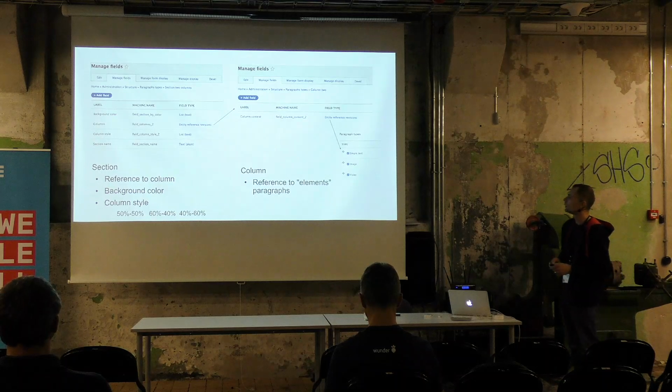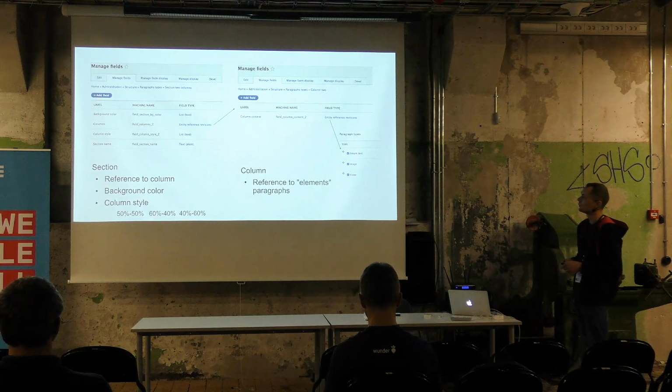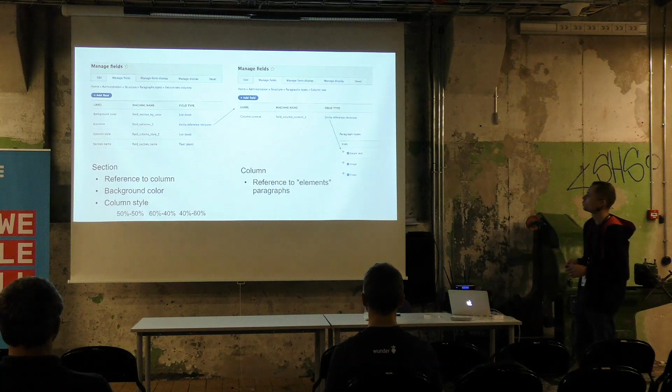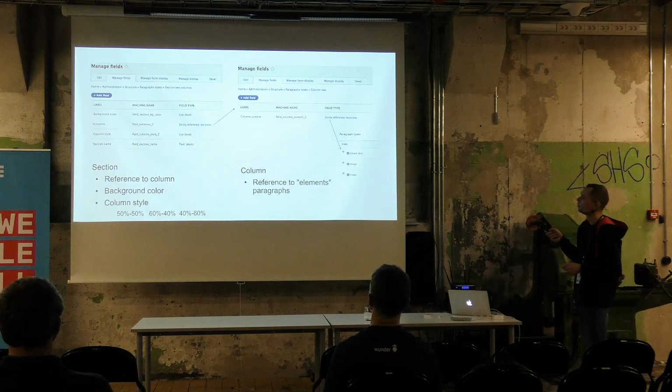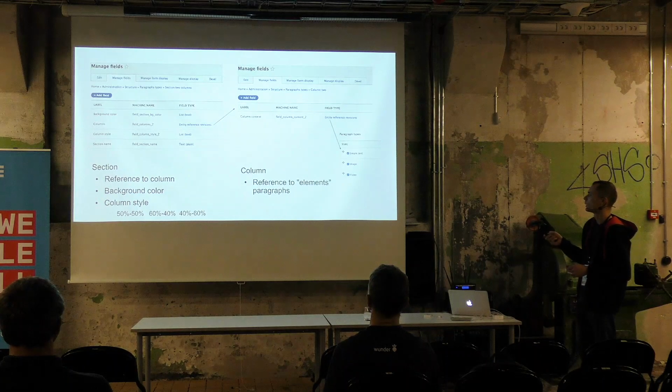So on this slide, on the left side, you can see that there is 2 column section paragraph and its fields. It has a reference field to column paragraph type. It also has fields like section name, background color, and column style content editor can choose from.